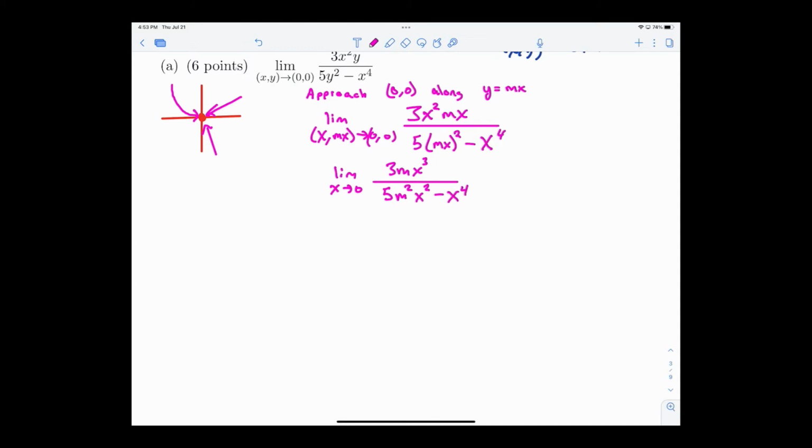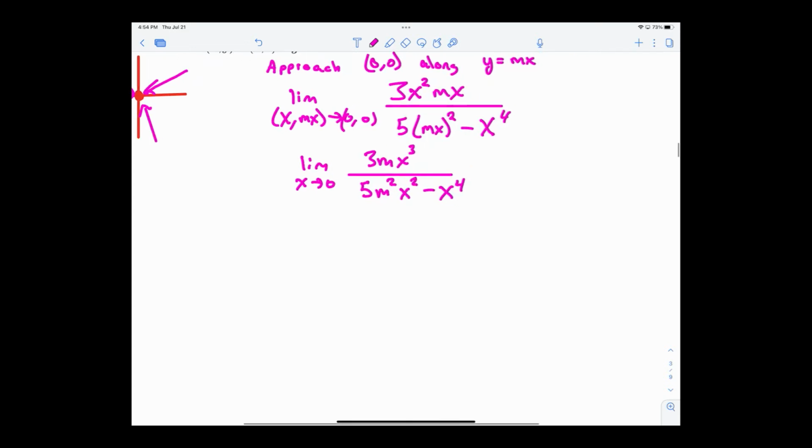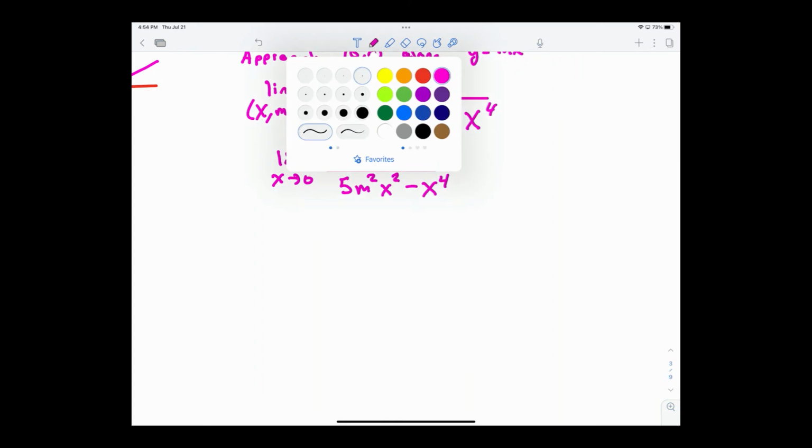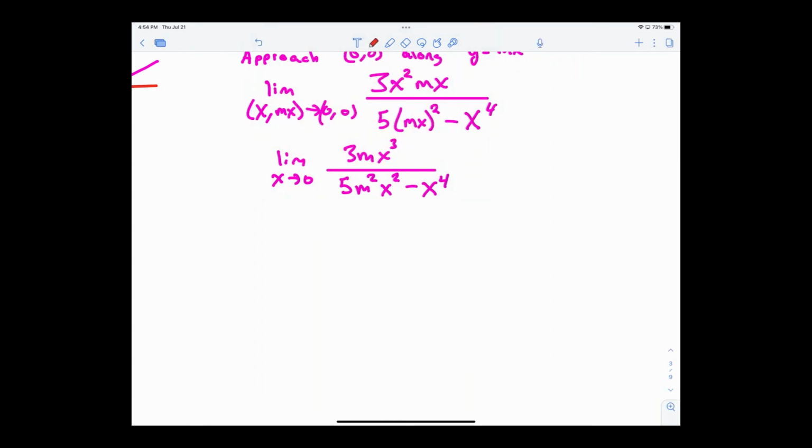We've got to figure out what happens to this limit. Just from looking, I can see that this limit is not going to exist. You can do L'Hopital's rule, or we can do a little bit of algebra. There are different ways you could do it.